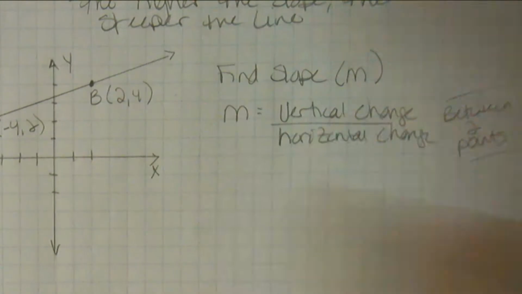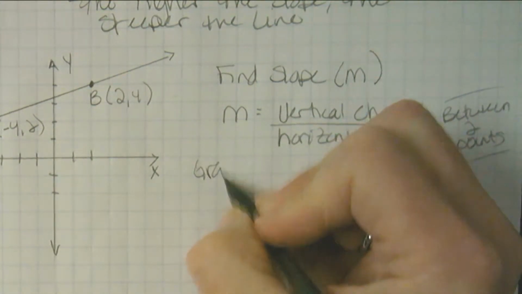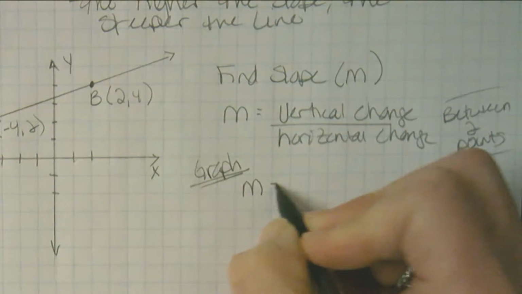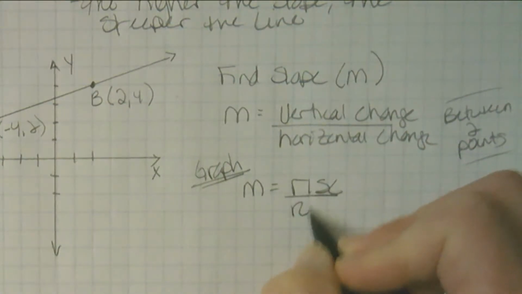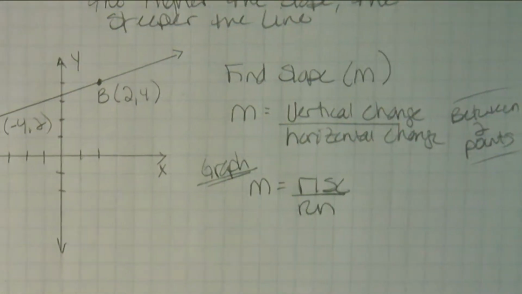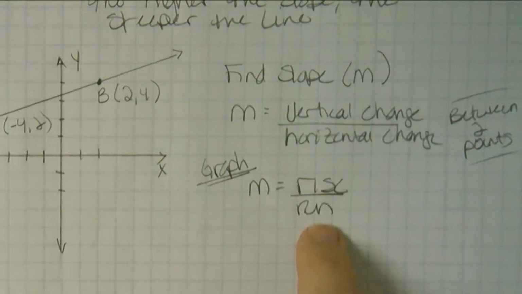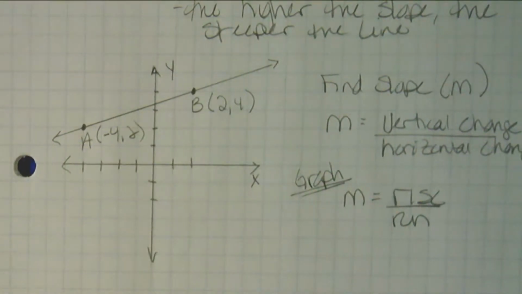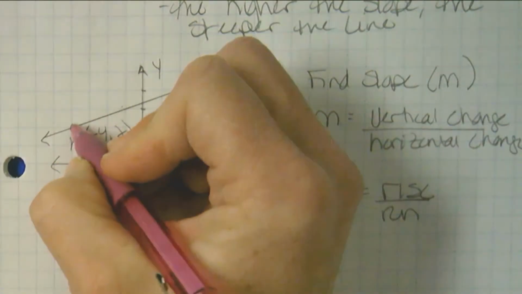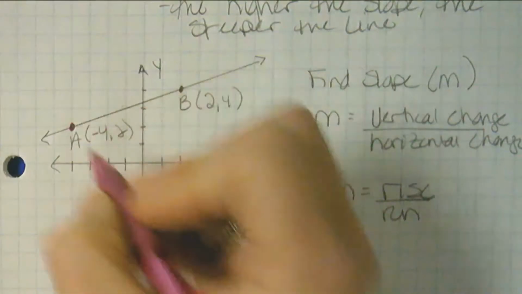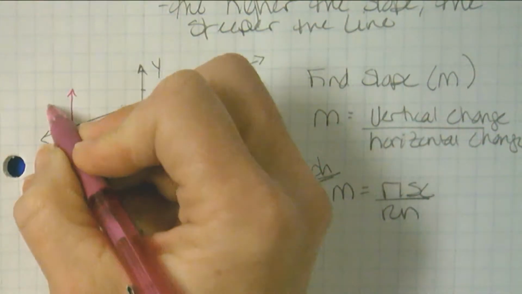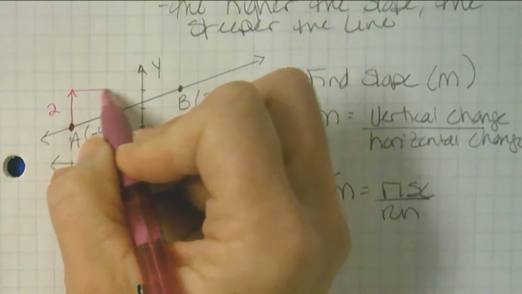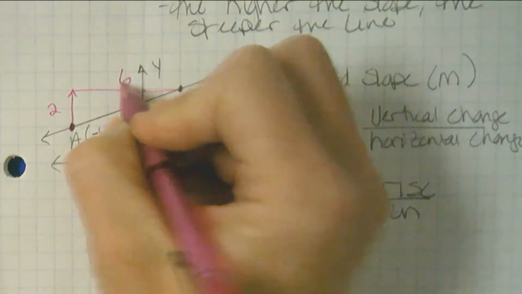All right, when we have a graph, your slope is your rise over your run. That's the formula. It's your rise over your run, your vertical change over your horizontal change. So let's say I start with my A. I have to go up 2, and to the right 1, 2, 3, 4, 5, 6.